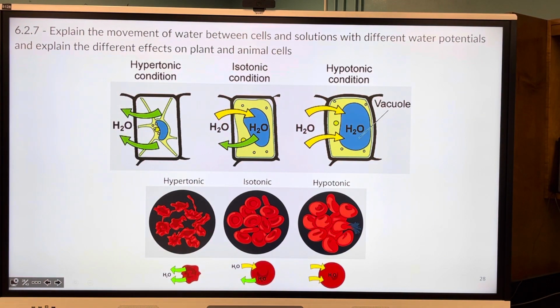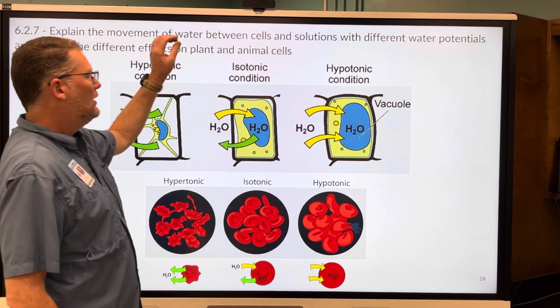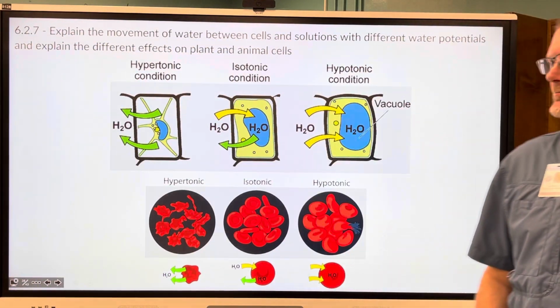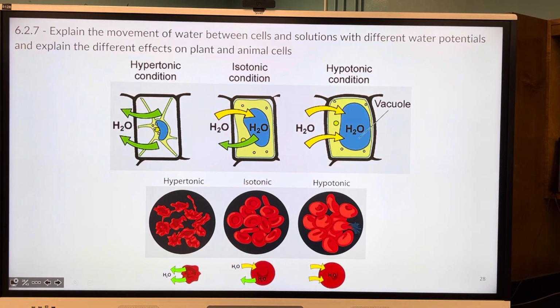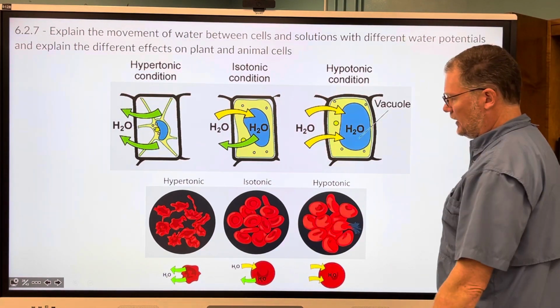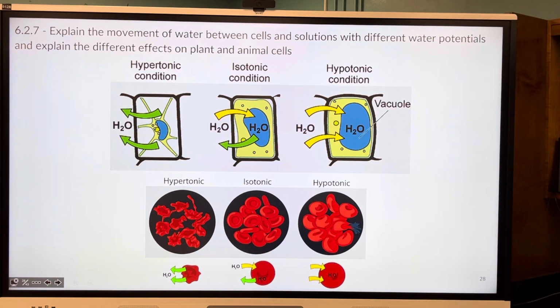Explain the movement of water between cells and solutions with different water potentials, and explain the different effects on plant and animal cells. So we've got hypertonic, isotonic, and hypotonic solutions. These are plant cells on the top and animal cells, these are blood cells actually, on the bottom.